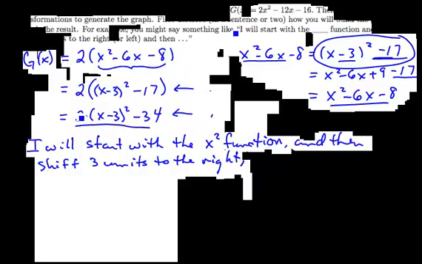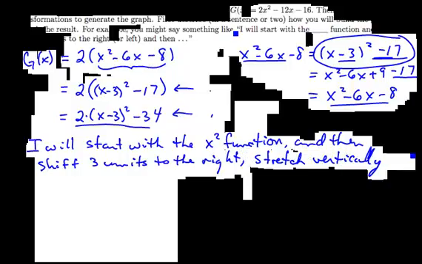Then stretch it vertically by a factor of 2. And finally move it down 34 units.